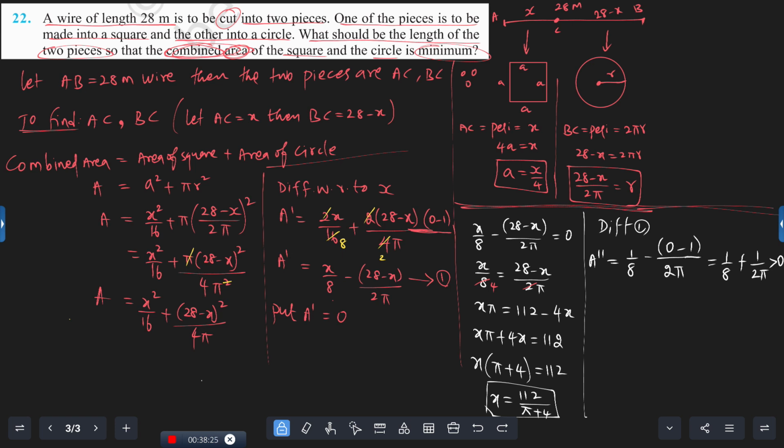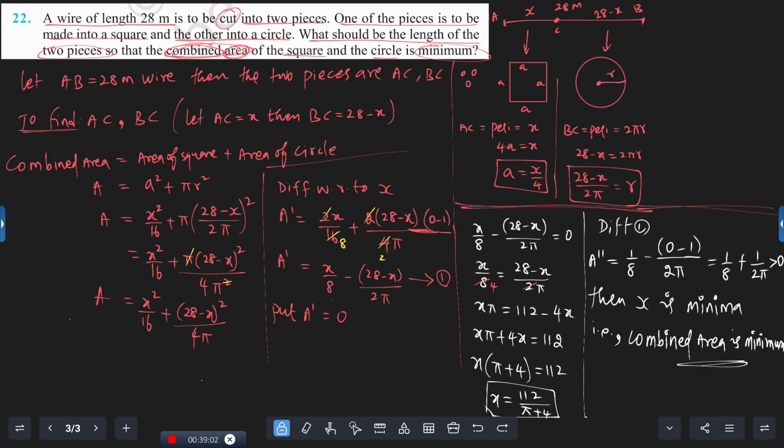If the double derivative is greater than 0, then x is a minima. Combined area is minimum.